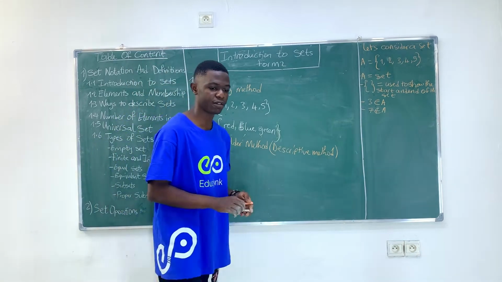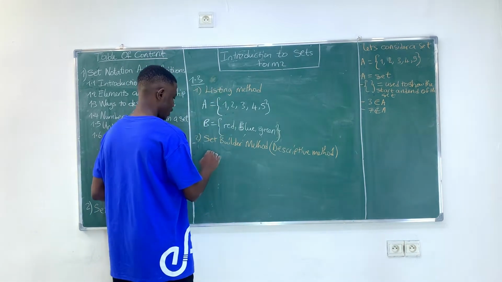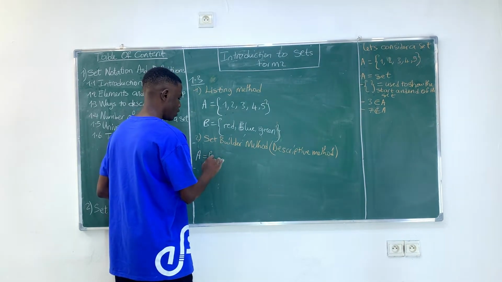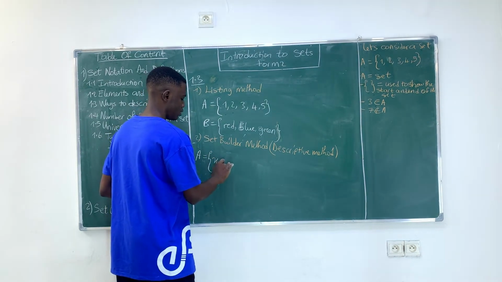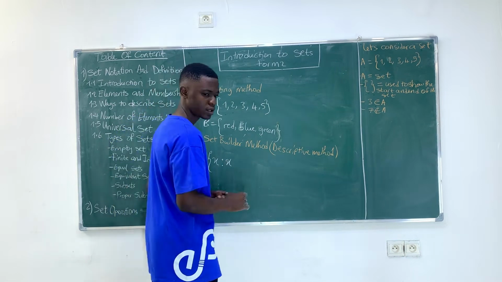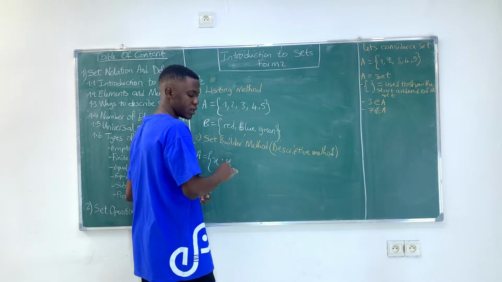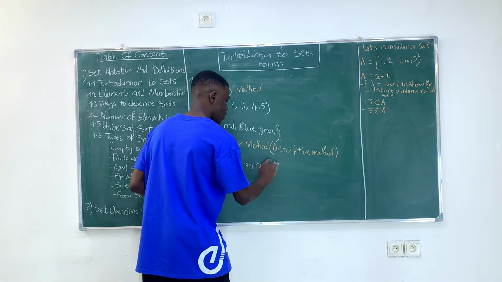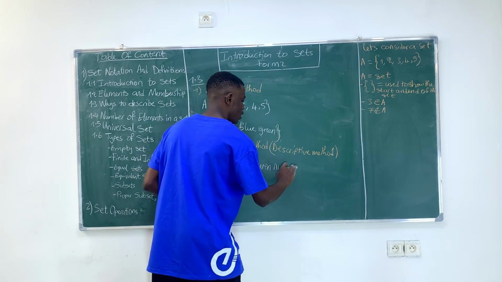For example, we have A equal to x such that x is an even number.